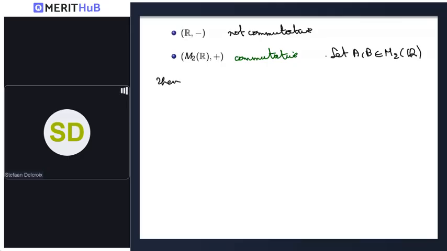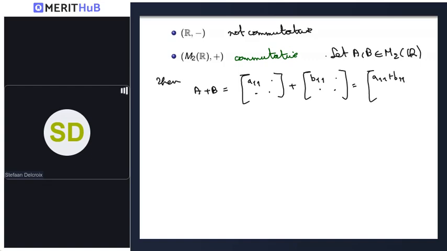So what is A plus B? Well, if we use our standard notations again, the first entry will be A11 plus B11, and then three similar other entries.